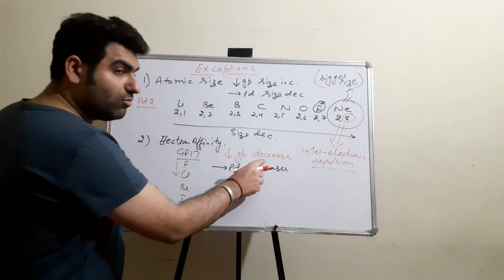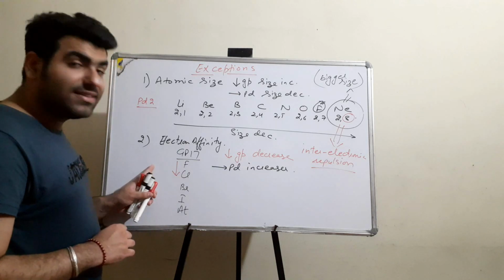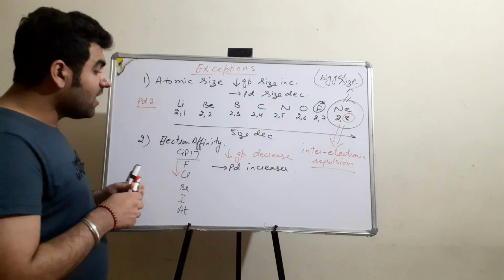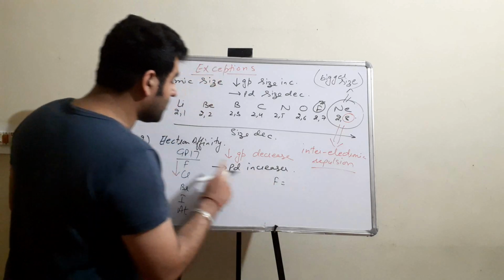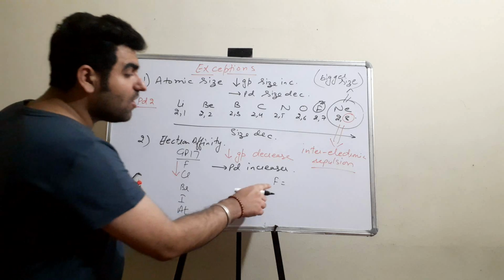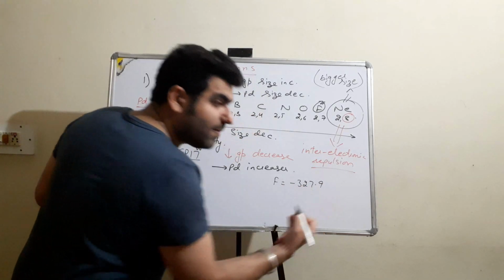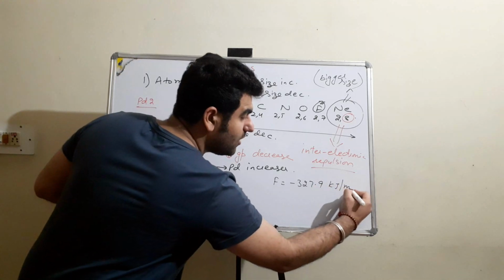If we are moving down the group, the electron affinity should decrease, but here the trend is somewhat opposite. We know that electron affinity is the energy released and it is represented as a negative value. For fluorine, the value is minus 327.9 kilojoule per mole.